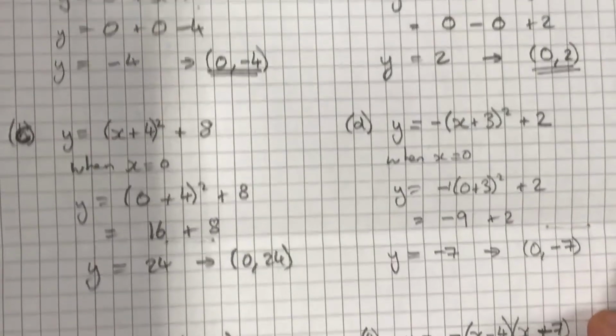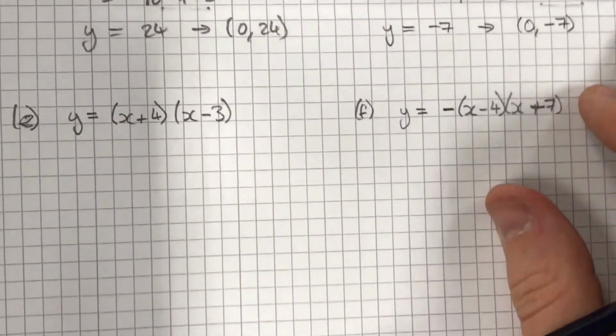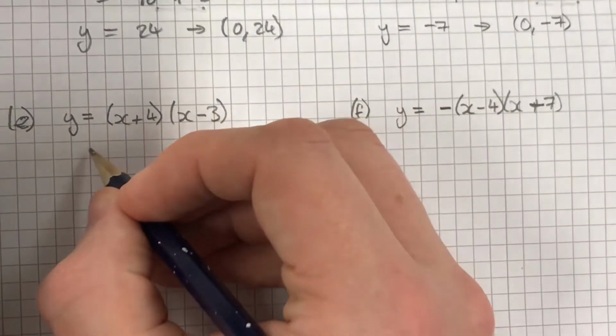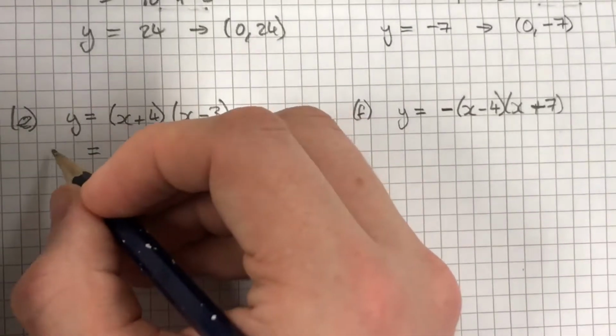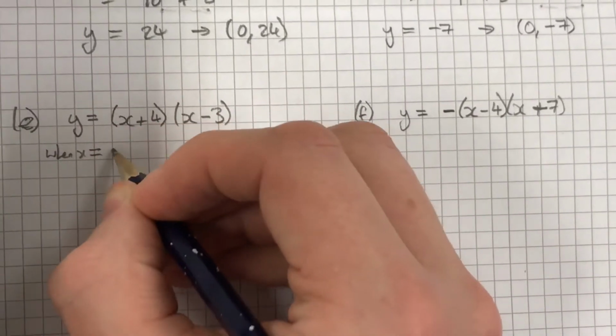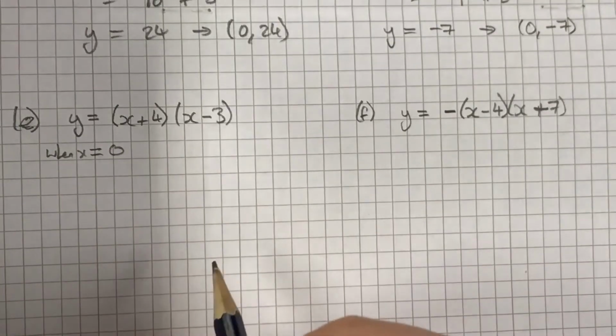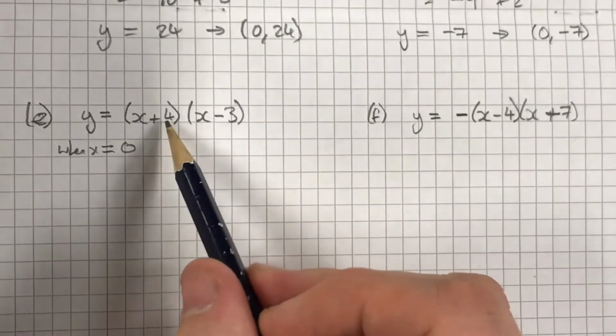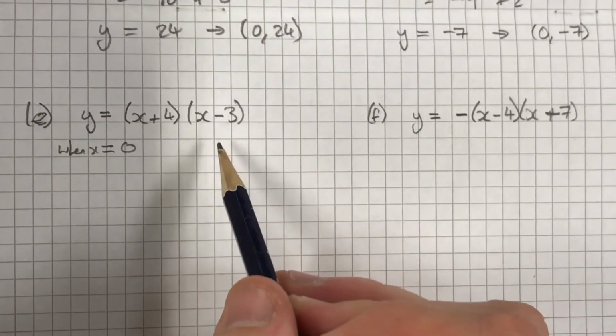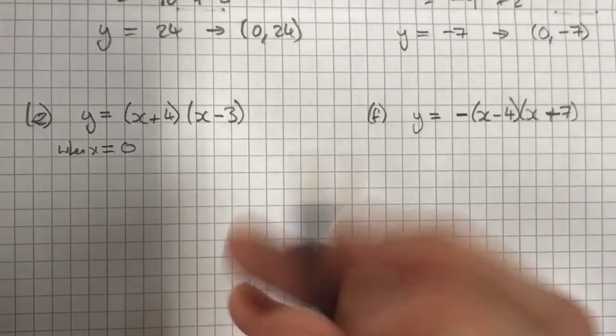Okay, there'll be examples of all of these in just a moment. Right, next one then, we've got, when x equals 0. So this time it's in factorized form, and it's usually in this form if you try to work out the roots of an equation, which we'll show in another video.